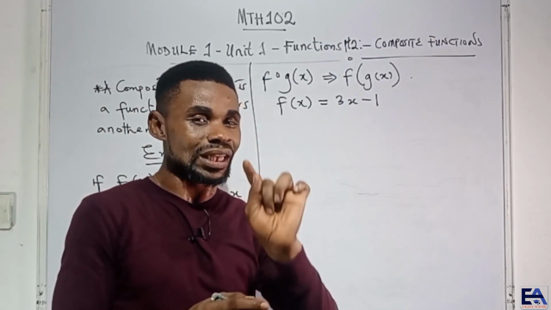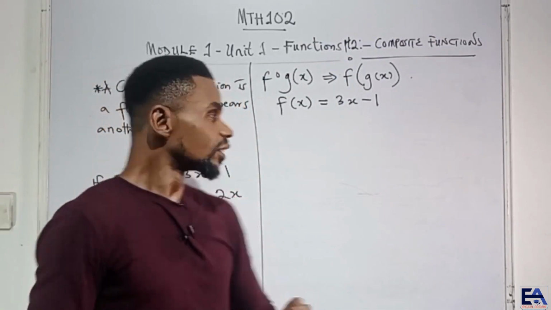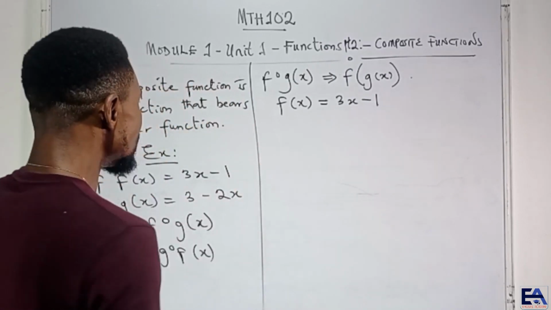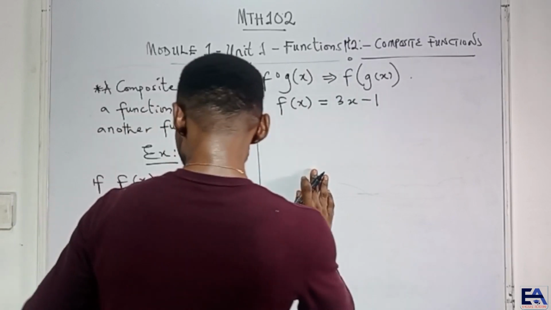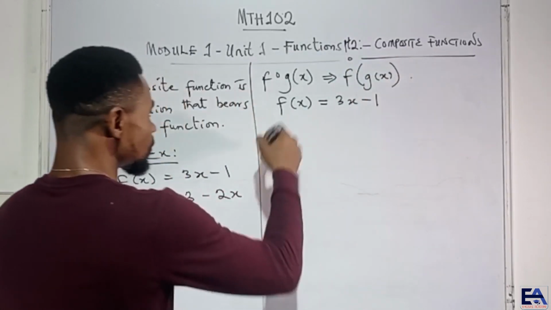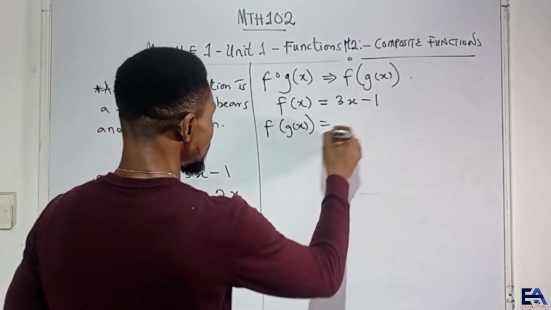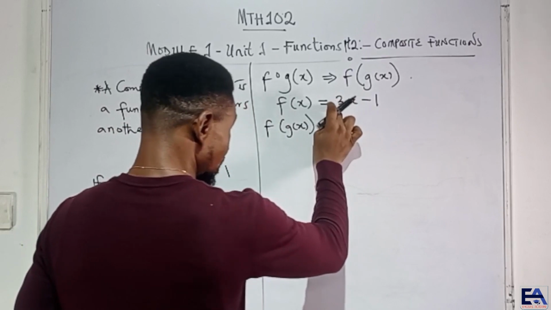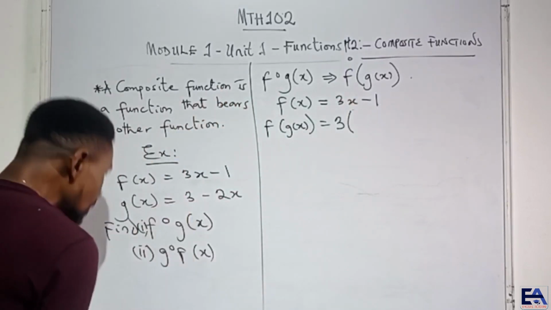Something similar to the last example that we had in the previous video. All right, so that is what we are just trying to do here. So if f of x is equal to 3x minus 1, and the question says find f of g of x, then f of g of x will now be 3, the 3 here, but instead of writing this x, we'll replace it with everything about g of x.